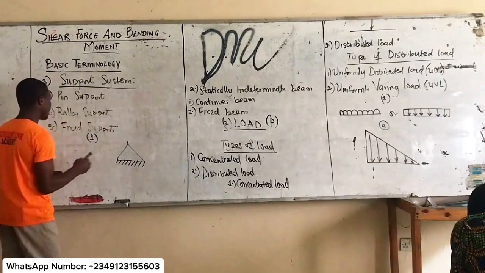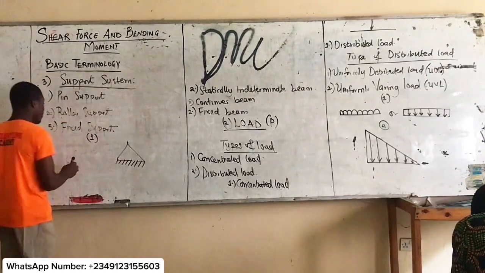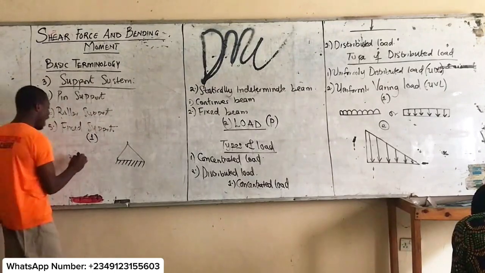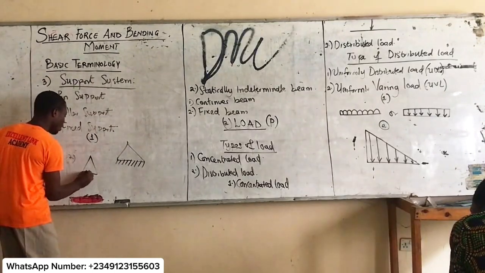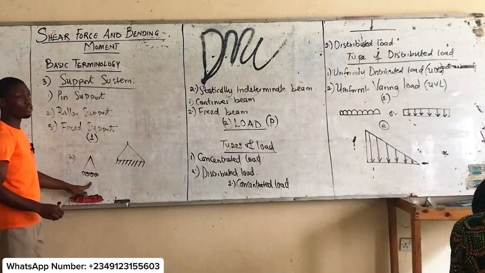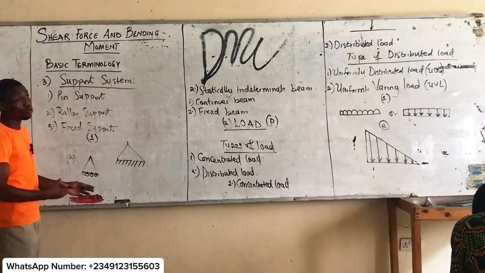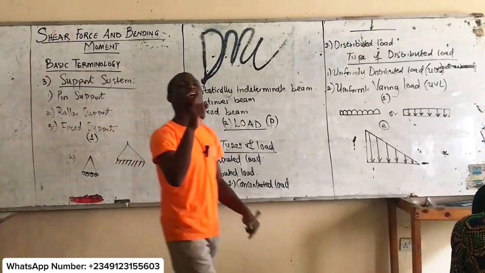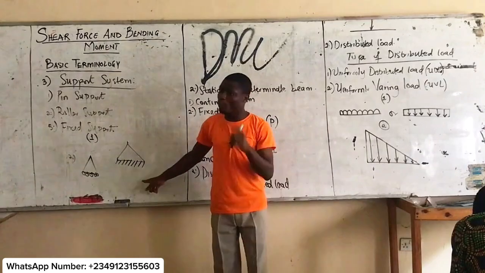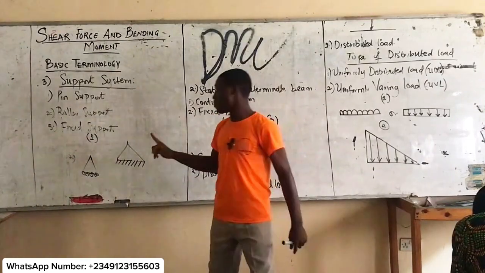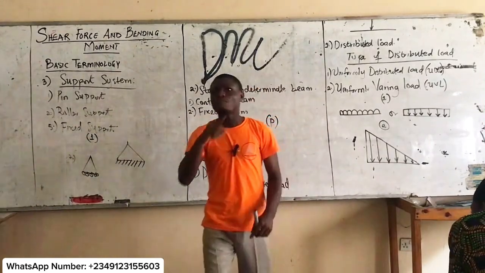Secondly, for the roller support, we have something of this nature, a roller, something like a tire, so we call it a roller. Now, this is not the real life application. Here is the real life application: a bridge.